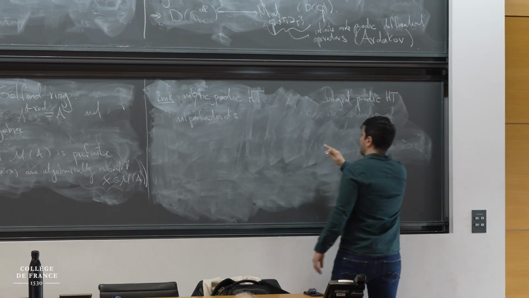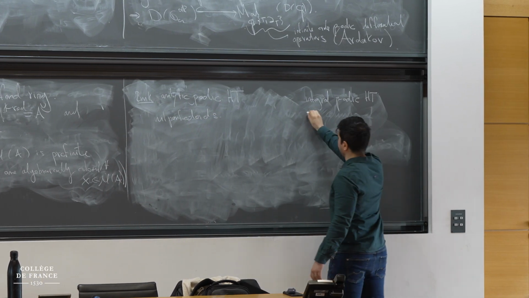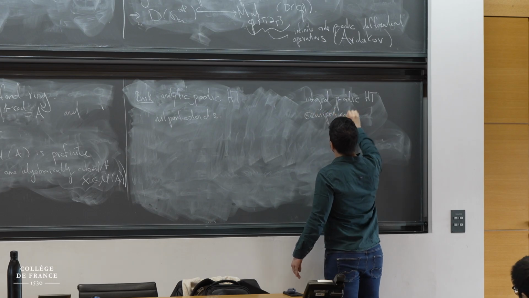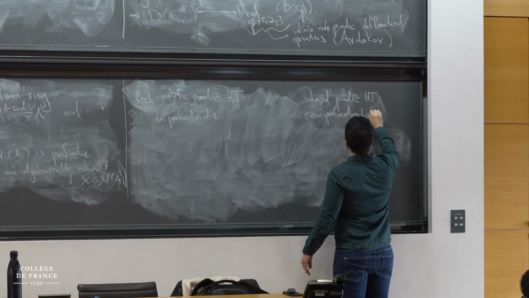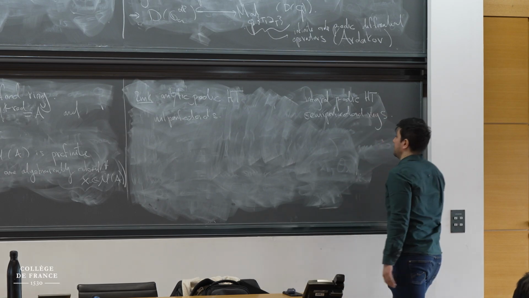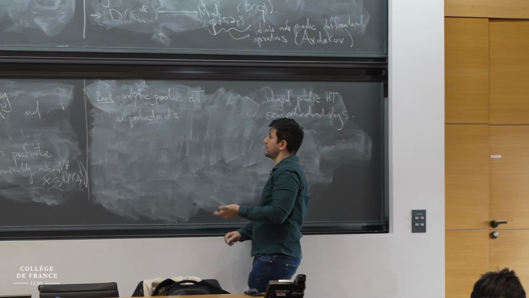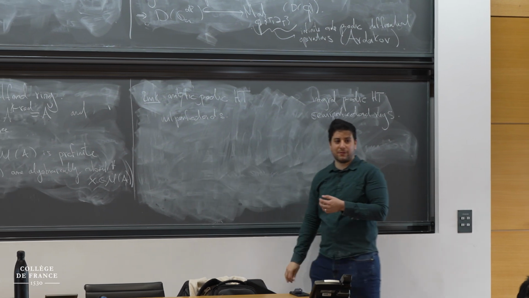And here, the analog of this is precisely this category of semiperfectoid rings. So these are things which are quotients of perfectoids, and I claim that in this p-adic analytic situation, these nil-perfectoids play exactly the same role as these semiperfectoids do.